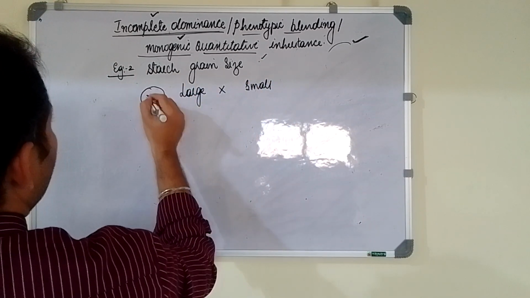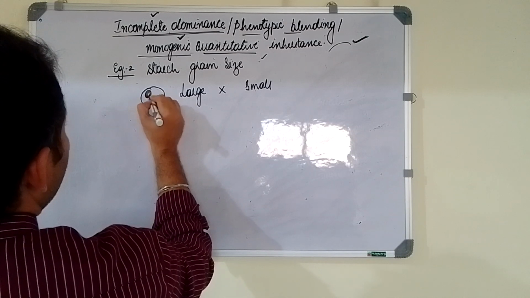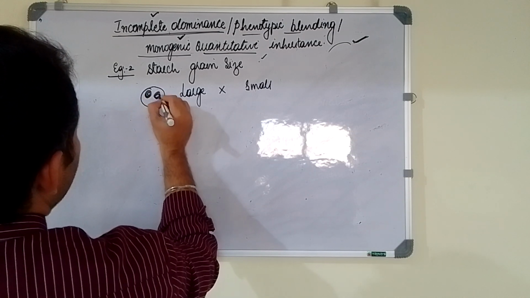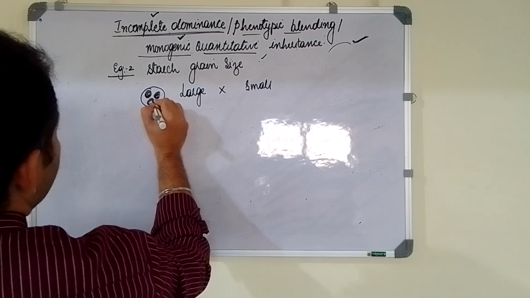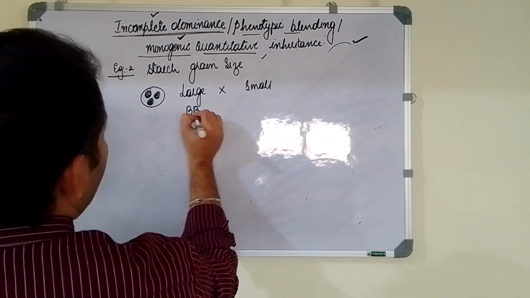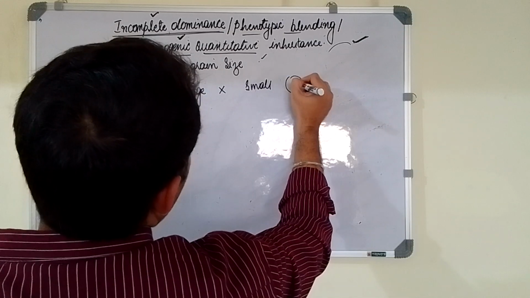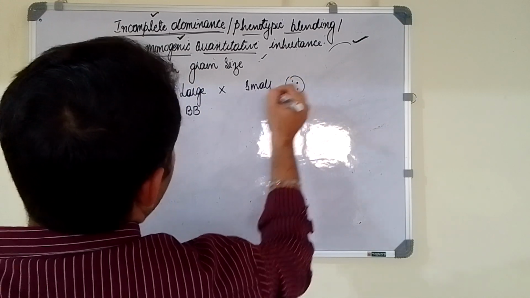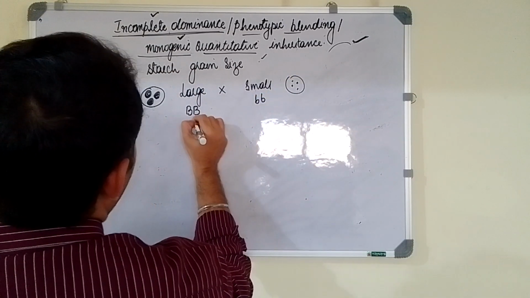Let us take for example, this is a seed and the starch grains are large. See the starch grains, they are large. So this large starch grain is represented with capital B, capital B. Here we are having small starch grains represented with small b, small b.